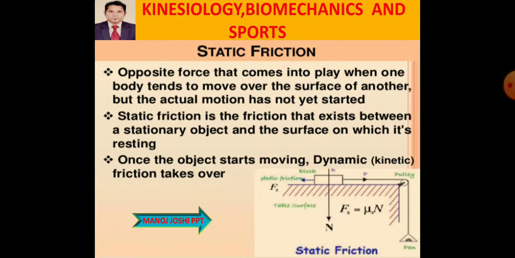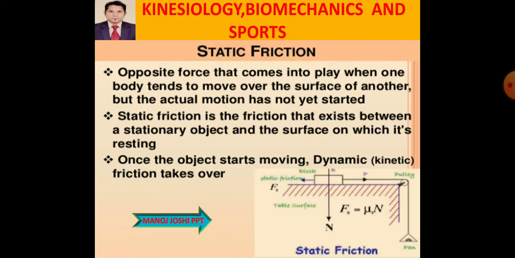So static friction is the friction that exists between a stationary object and the surface on which it's resting. For example, while we are standing on any surface, or while any object is kept over any surface, that time the static friction is there.